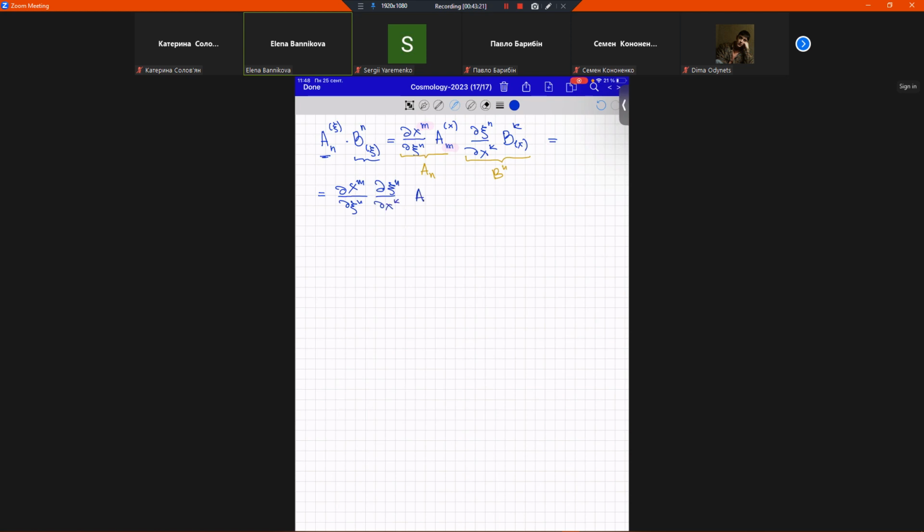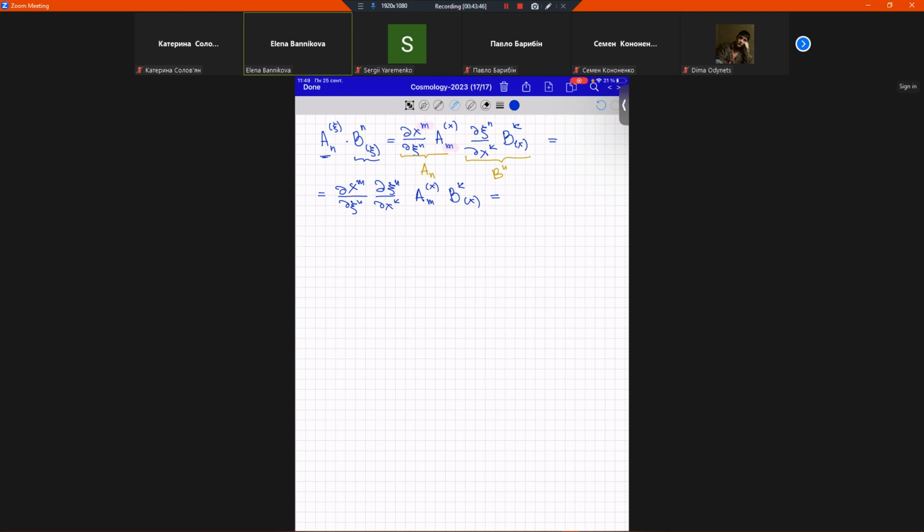And after this, I will put the bk in x. So I am just writing the same, but I decided to move the multiplier after the A and before the B.